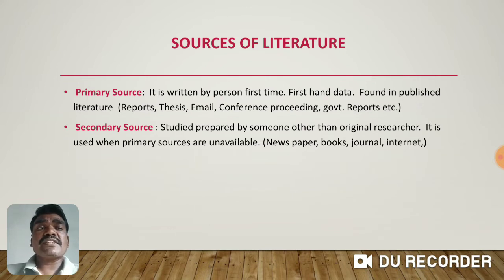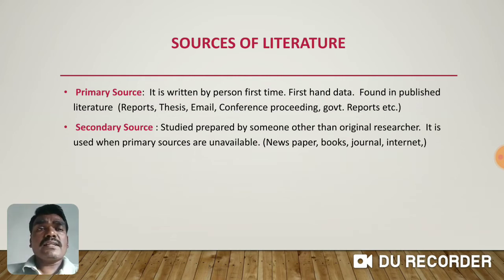It is also known as first hand data, and normally it is found in published literature like reports, theses, conference proceedings, government reports, etc. So whatever original research has been undertaken by another researcher and which is investigated first time, that is known as a primary source, and that must be considered by the researcher while taking his literature review for his present research work.